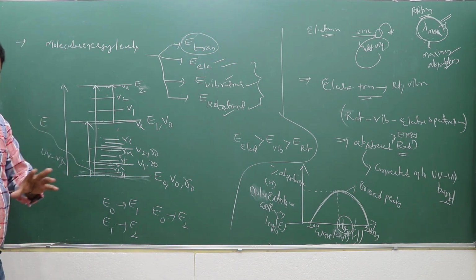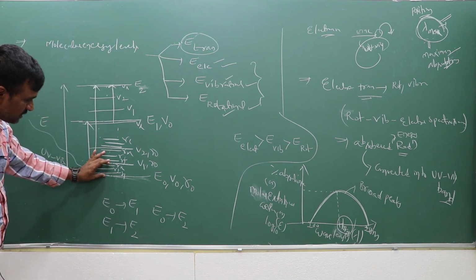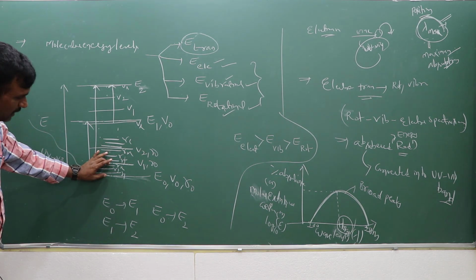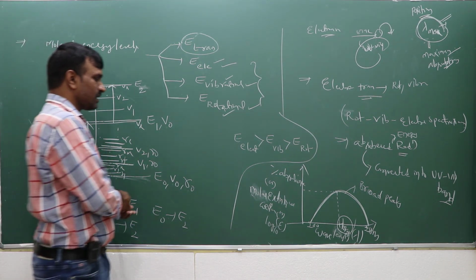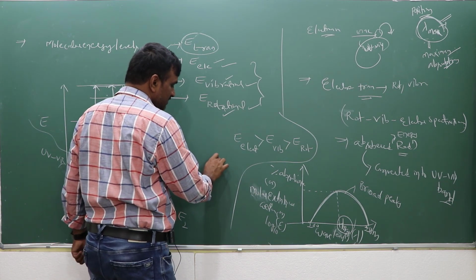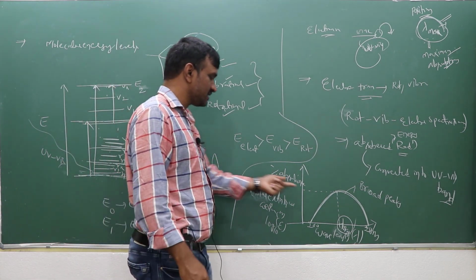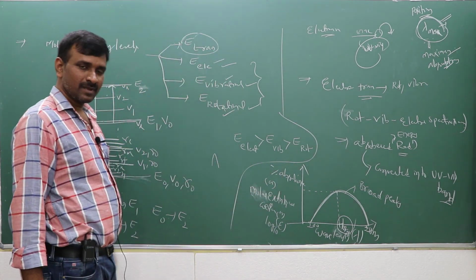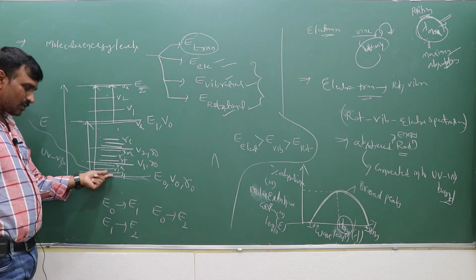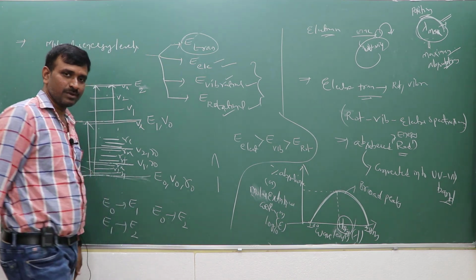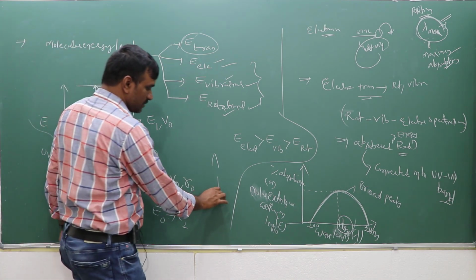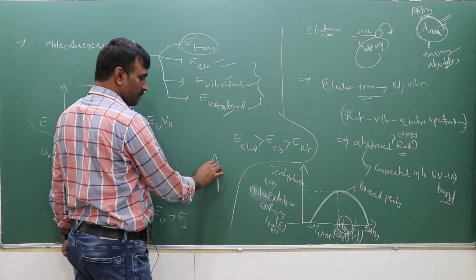In vibrational or IR spectroscopy, if only V0 to V1 takes place, rotational energy levels are also there. So in IR spectroscopy the broadness is somewhat less compared to this. If only rotational energy levels are involved, they absorb in microwave spectroscopy, and sharp signals are observed.